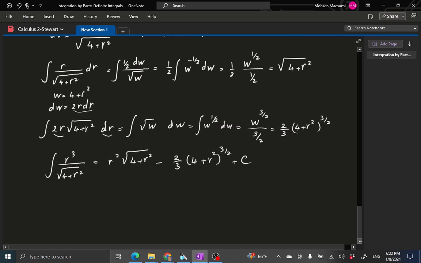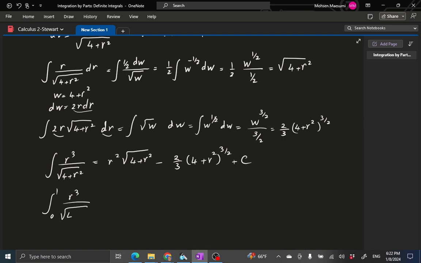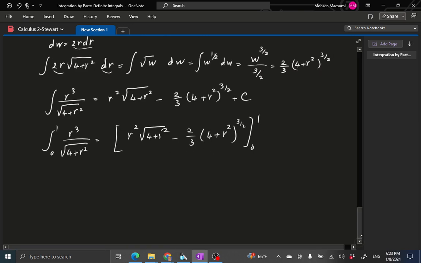Now if I want to calculate from 0 to 1, well, I'll have all of this: r squared radical 4 plus r squared minus 2/3 of 4 plus r squared to the power of 3/2, calculated between 0 and 1.